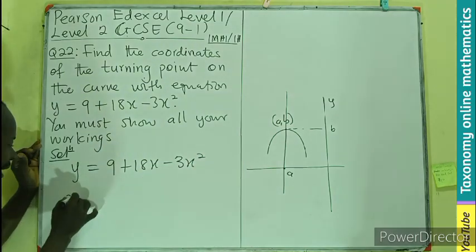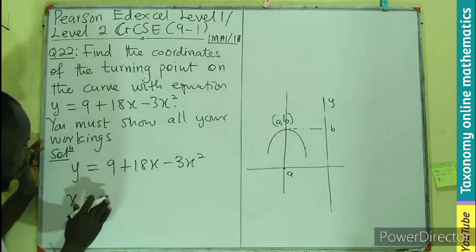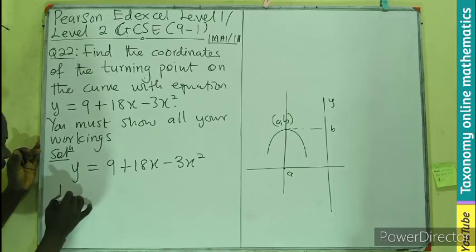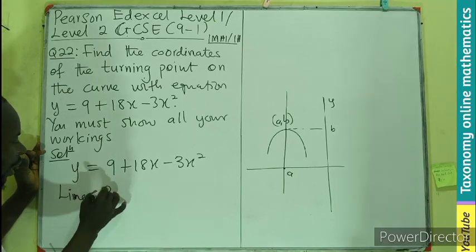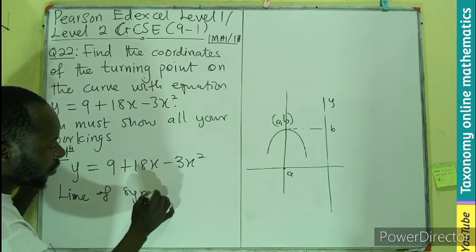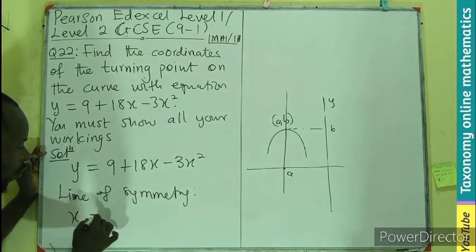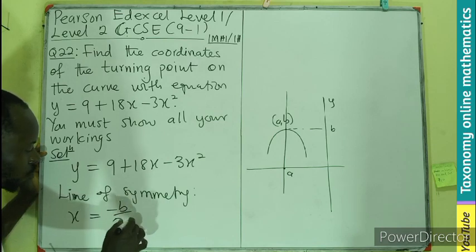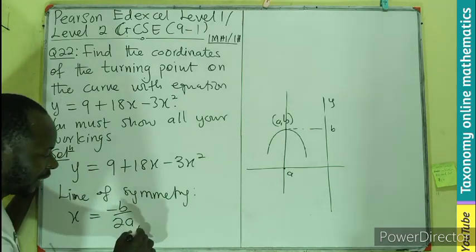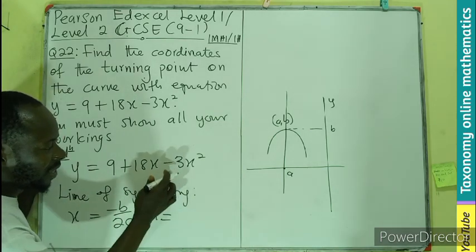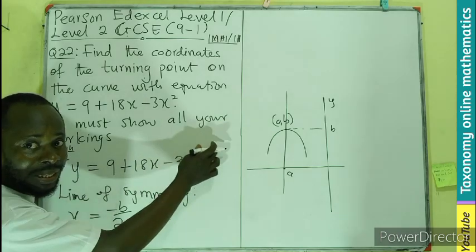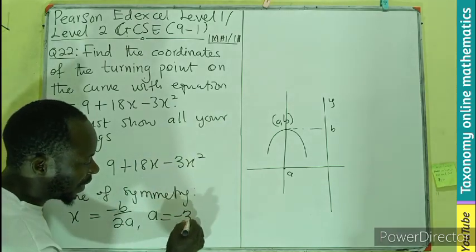So the line of symmetry is going to be x equals minus b over 2a, where in this case our a, the coefficient of the x squared term, is minus 3.